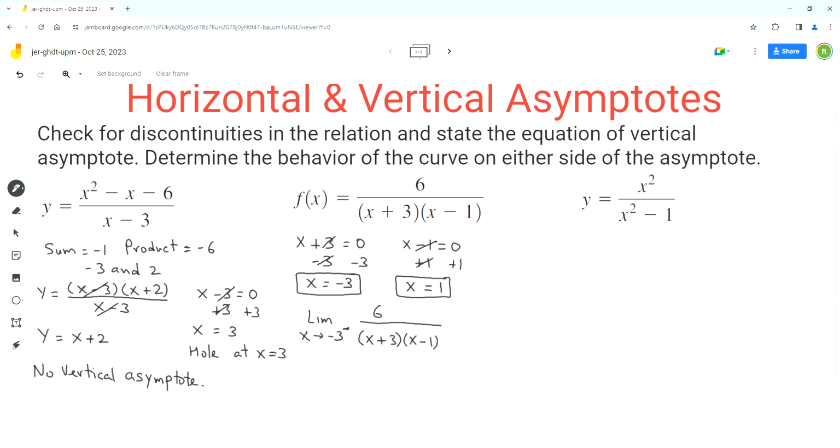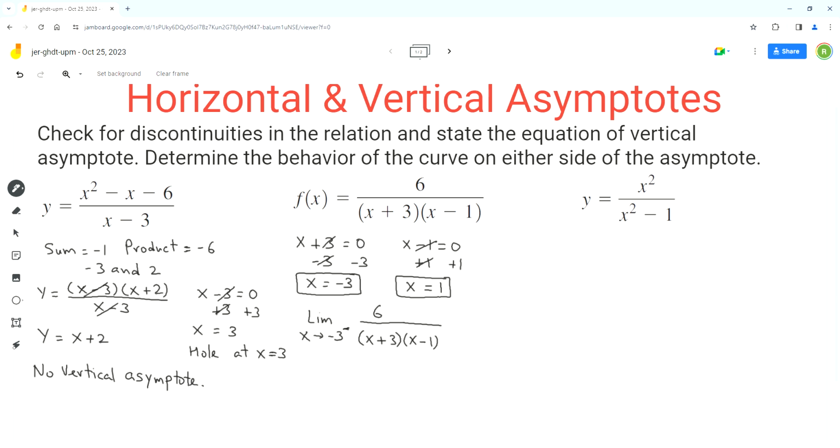Now here we have to analyze whether the function value approaches positive or negative infinity to the left side of negative 3. So we'll have to use a test value from the left side of negative 3. So one test value can be negative 3.1. The test value should be as close as possible to the number at which we are doing the test.